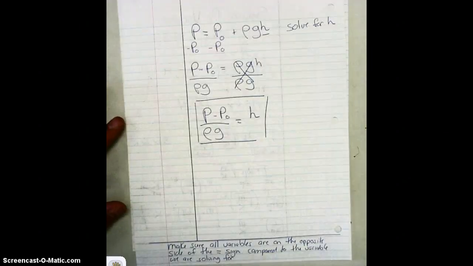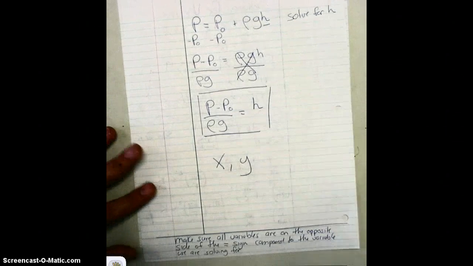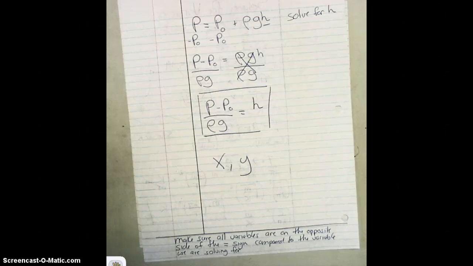Once again, I want to emphasize this. About half of the problems you do in this class are going to be solving for variables. If you don't like this, you need to get used to it, because a lot of students don't like this. We are used to finding a number, and now we're finding variables. And we are getting away from the traditional x and y. That's what we do in math class. Typically everything is x or y, and sometimes we throw in z.